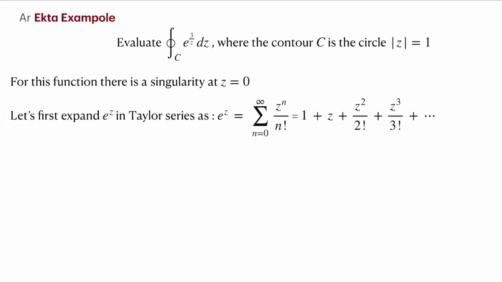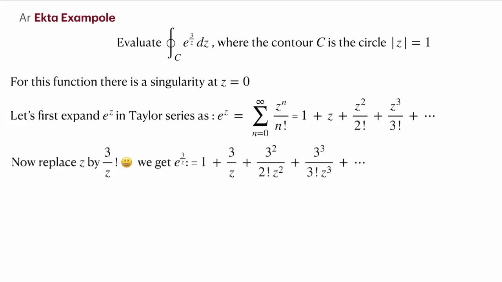So this is a simple expansion for e power z. Now replace this z by 3 by z, and then we get the expansion for e power 3 by z. This looks like somewhat a cheap magical trick, but it does indeed work out.